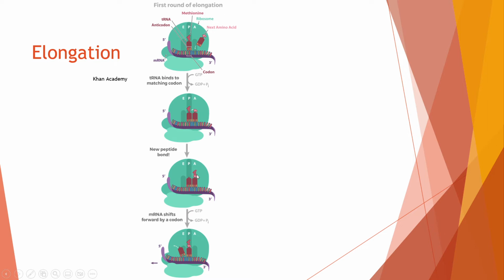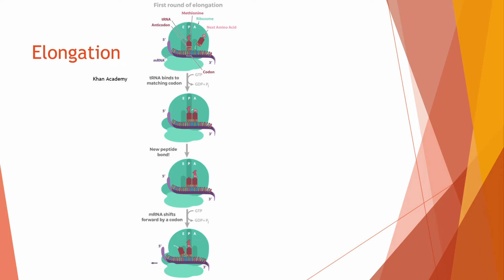Now the whole dipeptide is bound to the tRNA which is in the A site, and in the P site the empty tRNA is left.